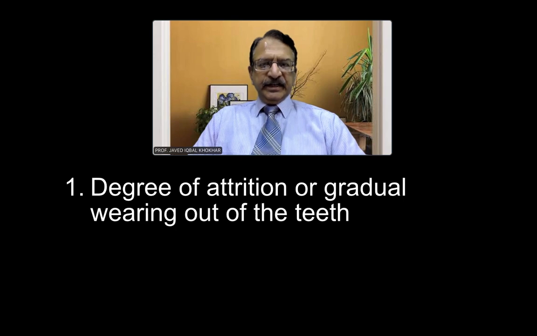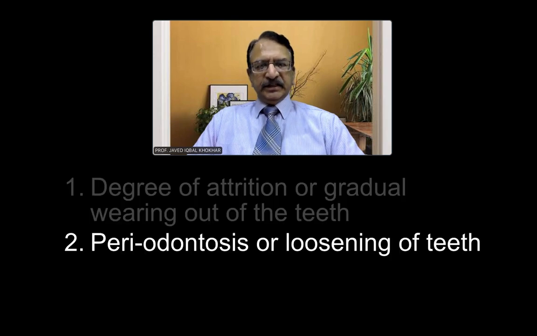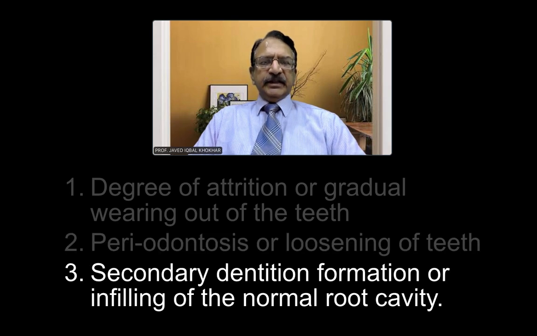The first is the degree of attrition, or gradual wearing out of the teeth. Then the second is periodontosis, or loosening of the teeth. Then the third is secondary dentine formation, or infilling of the normal root cavity.